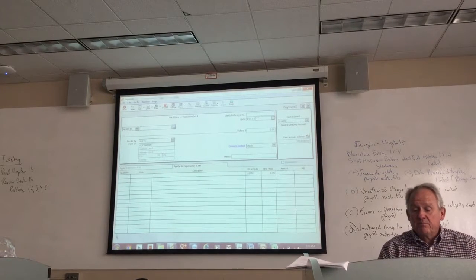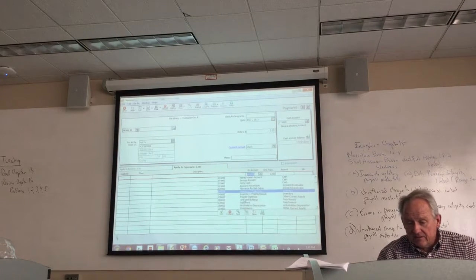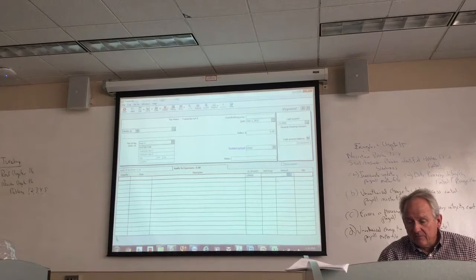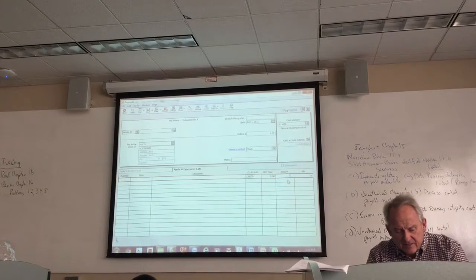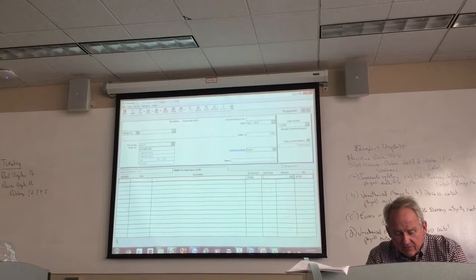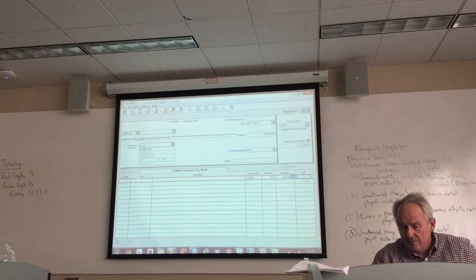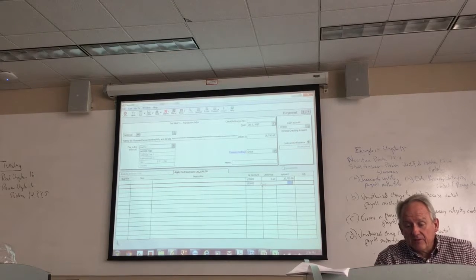I don't buy a truck every week, so I can just put in Potter Valley Ford here. And I'm going to pull down here for the account. So I'm buying a truck. It'll be for equipment. I'm going to buy it for the $26,750. And then I'm going to put in for a note payable.